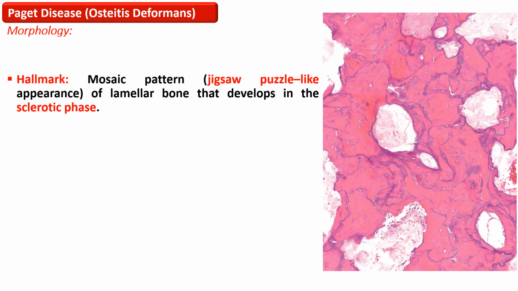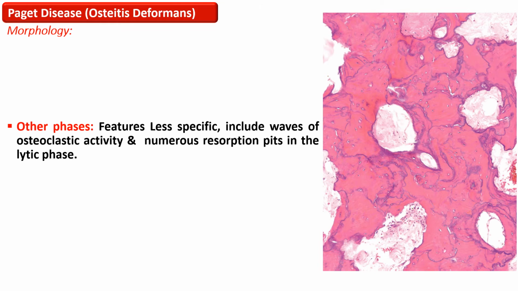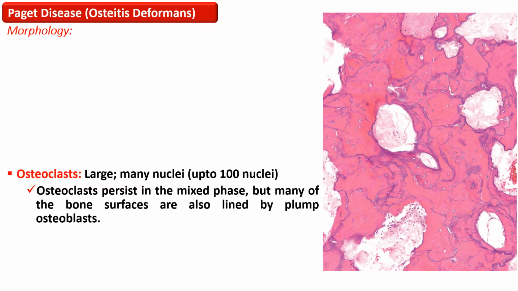Then other phases have less specific features that include osteoclastic activity, and there is presence of numerous resorption pits in the lytic phase. The characteristic morphology of the osteoclast we have discussed many times earlier.